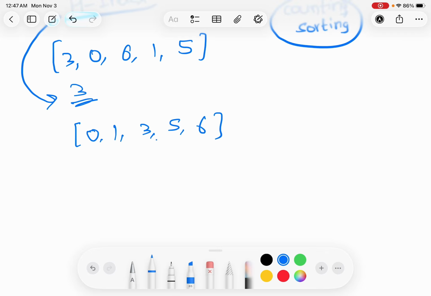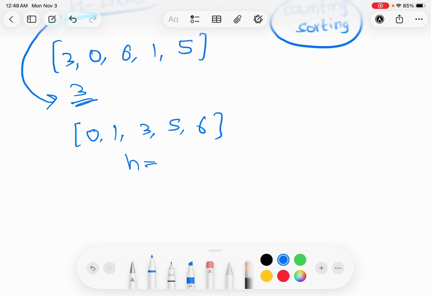What is n here? n is 5, and 5 minus 0 is 5, so 0 is not greater than that. What about 1? 1 is at least as big as n minus i? 5 minus 1 is 4, so 1 is not greater. What about 3? 3 is at least as big as 5 minus 2, which is 3. Yes, 3 is indeed as big.